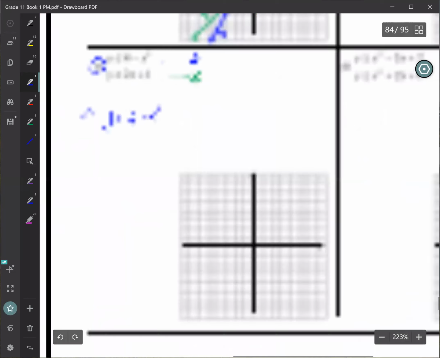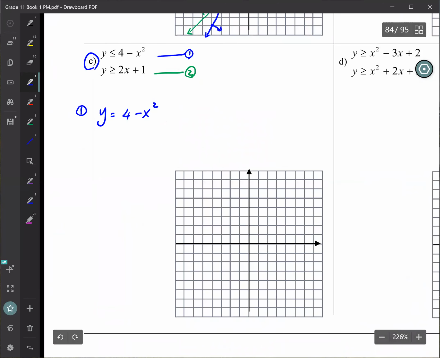Okay, this is a parabola. Is this one in the standard form or the vertex form? Harry, is this one in standard form? APQ. No. Actually, it is.